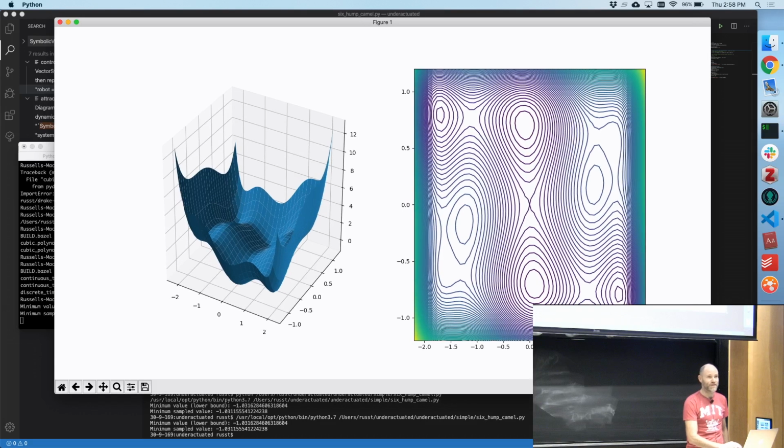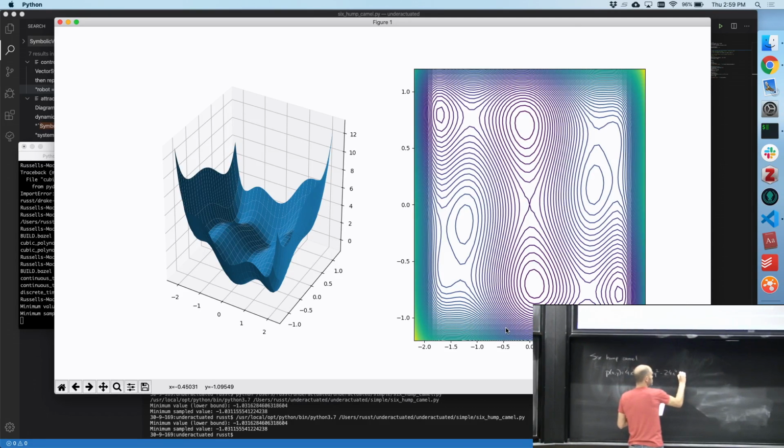It's called the six-hump camel. It's a bunch of terms, which I can write down here. All right, so a big, ugly, hairy equation.